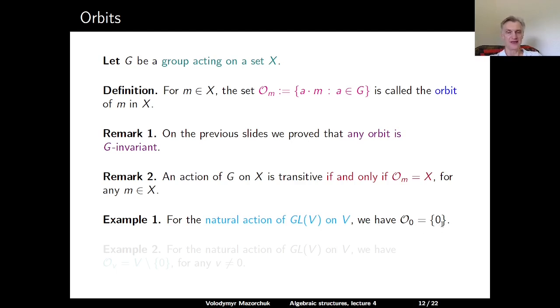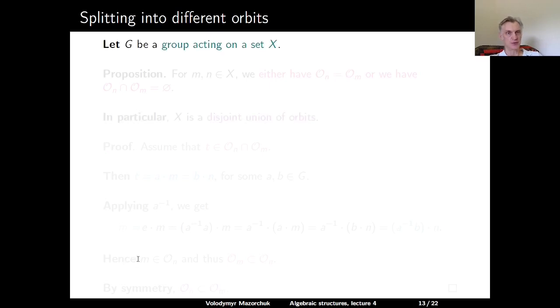So we know that all linear transformations fix the 0 element. Example 2. For the natural action of GL(V) on V, for any non-zero element little v, the orbit of little v coincides with the set of all non-zero elements in V. So any non-zero element can be sent to any other non-zero element by an invertible linear map on a vector space.